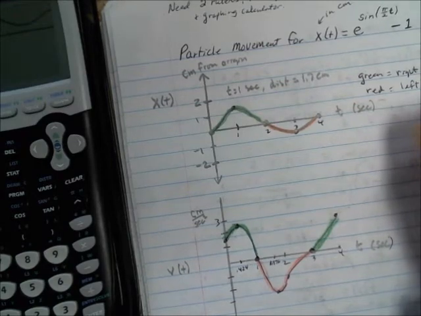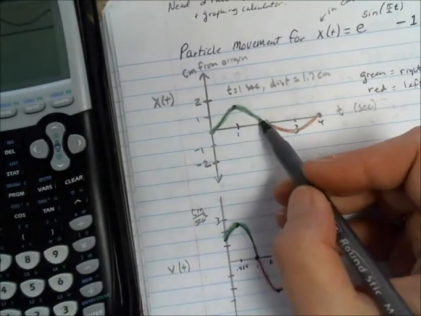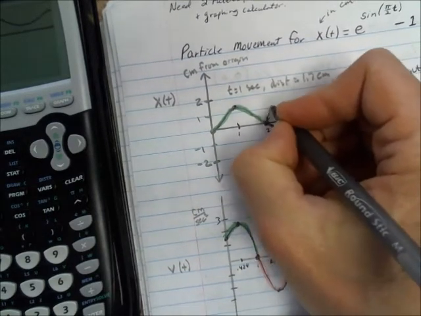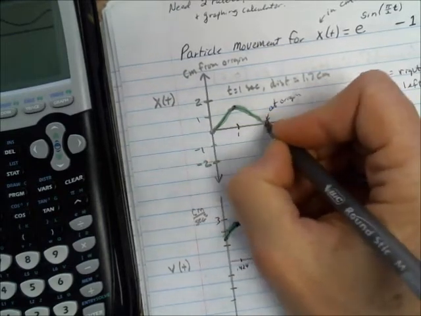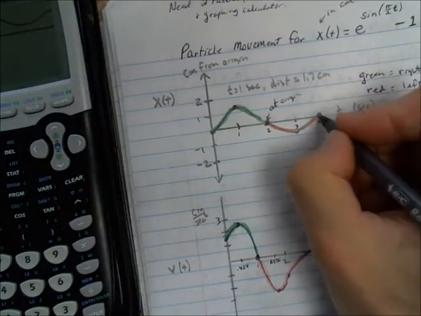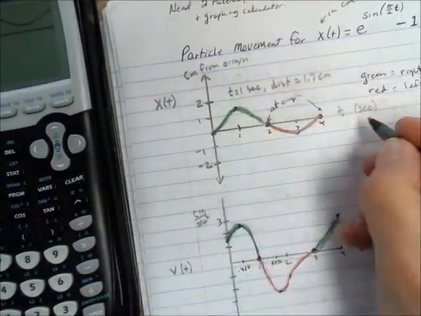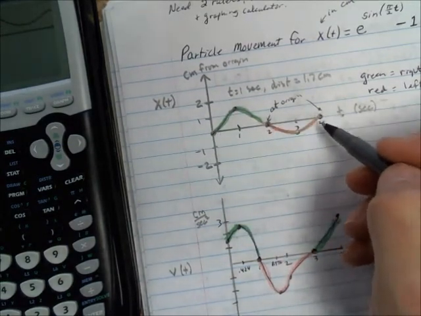So this particle moves to the right of the origin, and then it goes to the origin. Right here, it's at the origin again. Because it's at a distance of 0, it starts at the origin. At 2 seconds, it goes to the origin, and at 4 seconds, it stops at the origin. So there's 3 places where this particle is at the origin.